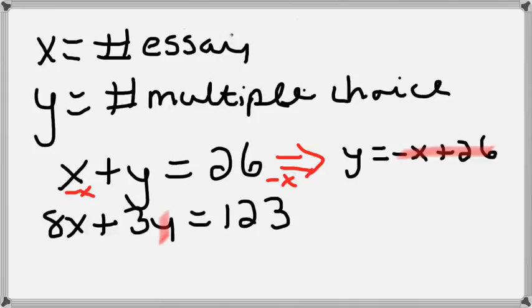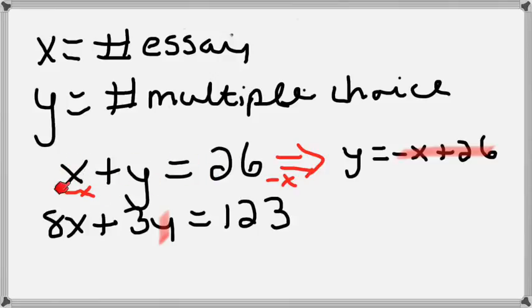Okay, so now I noticed that both of these are written in standard form, and right now you don't have any method other than graphing for solving when both equations are in standard form. So I'm going to rewrite this into y equals mx plus b form so I can use substitution.